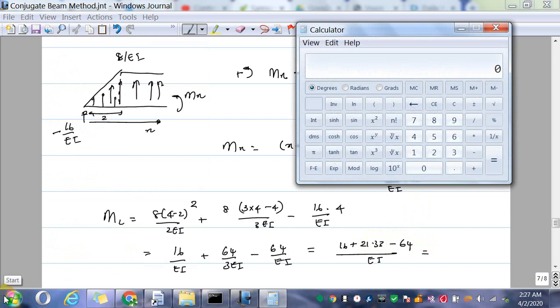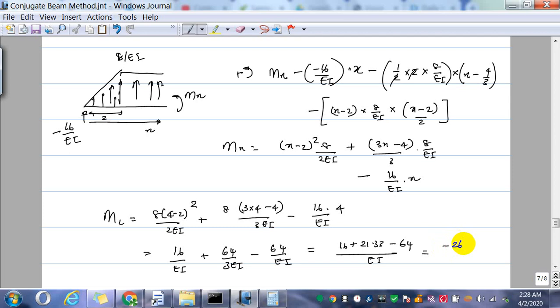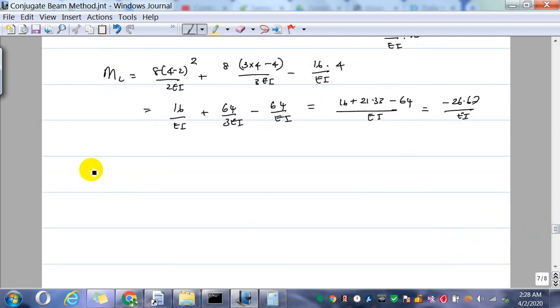That is minus 26.67 over EI. So MC in the conjugate beam is equal to theta C in the real beam, that is equal to minus 26.67 over EI.